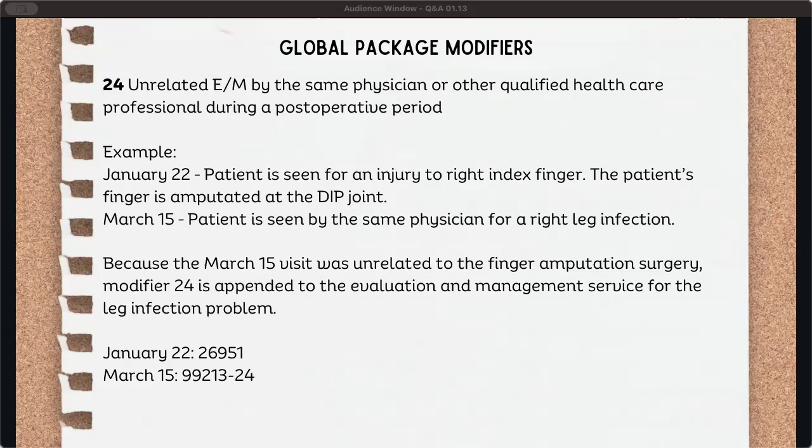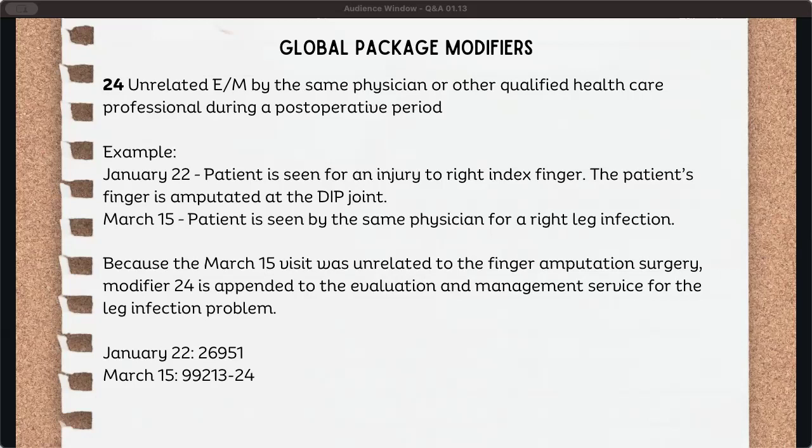So because it is completely unrelated to that finger amputation surgery for that March visit, you are able to append your modifier 24 to the evaluation and management service so that we can get paid for that service for the leg infection. Okay. So in January, we are going to report that 26951 for the amputation of the finger. And then in March, we are going to report 99213 with a 24 modifier.